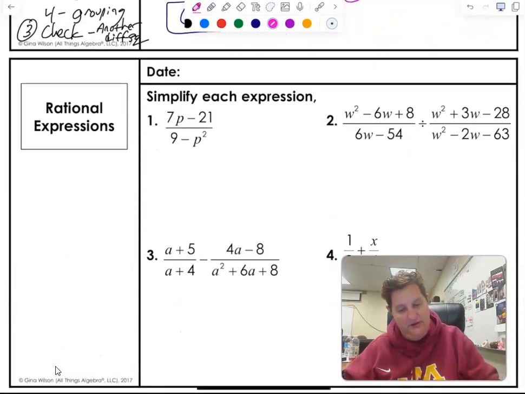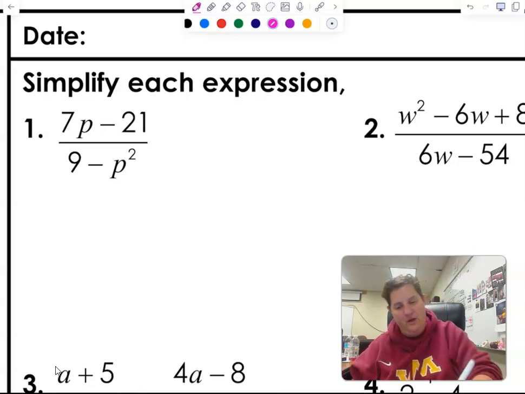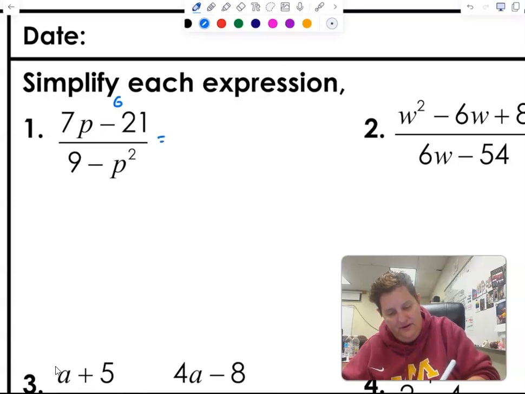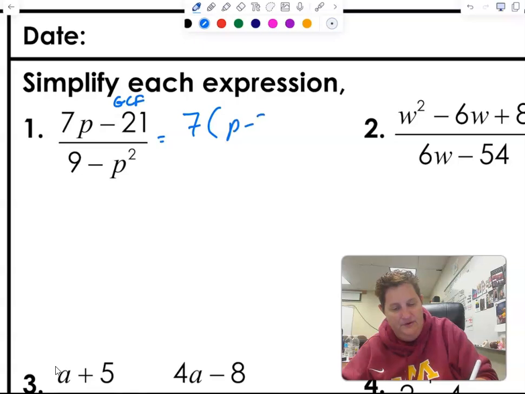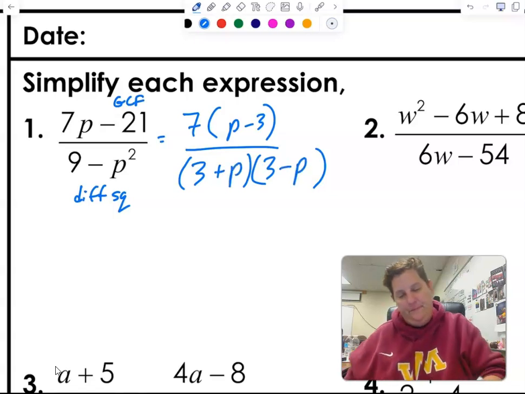All right, guys, last part here. We're going to go ahead and do some of these that we've been working on the last couple of days, some simplifying and multiplying complex fractions. Okay, so this first one, I want to factor it. I could take a GCF out of the top. That's 7t minus 3. And then the bottom is difference of squares. That's 3 plus p, 3 minus p.